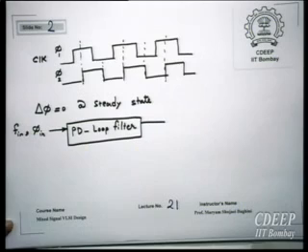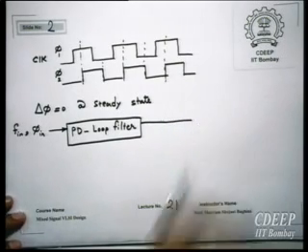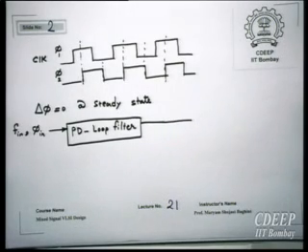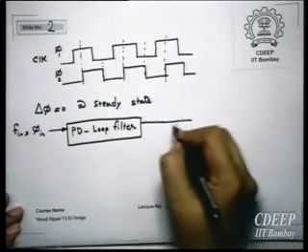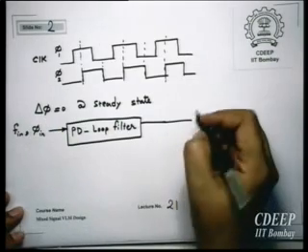The output now will be a control voltage which will be given to the VCO. Now suppose this VCO is not a single stage VCO. First of all, here we are not looking at the VCO, because the frequency is constant and is given from outside.